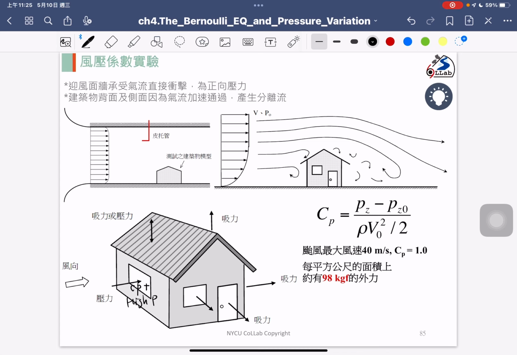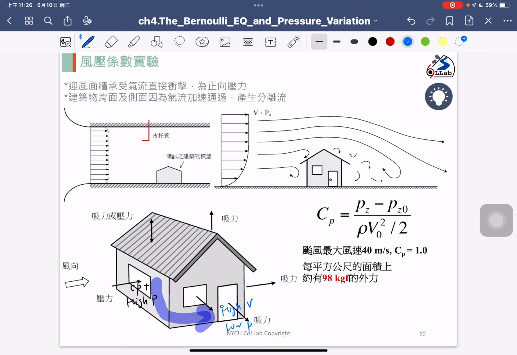But when the flow just flows laterally, there will be the highest speed. So we will have the high velocity, and we have a low pressure. So the lower pressure is outside, but inside the house is the higher pressure. So the higher pressure inside the house just flows outside to the lower pressure regions.